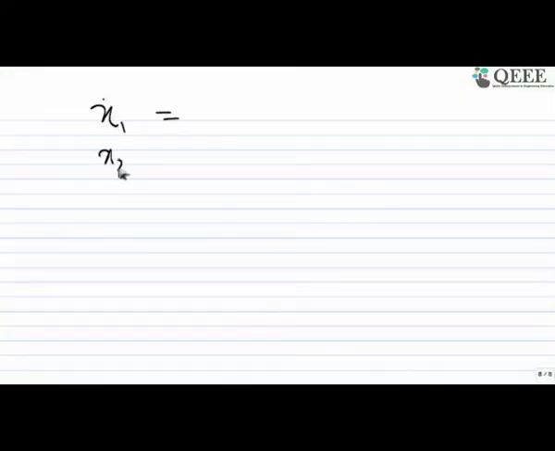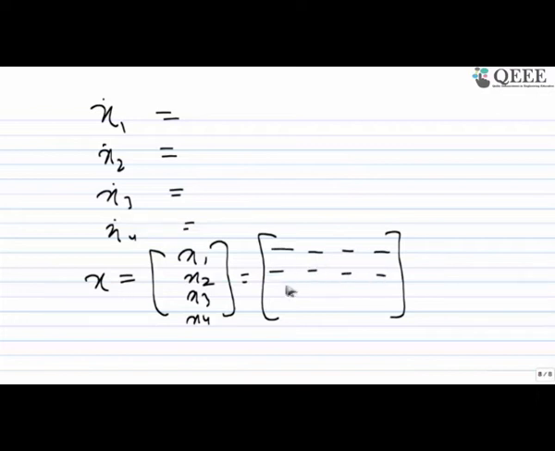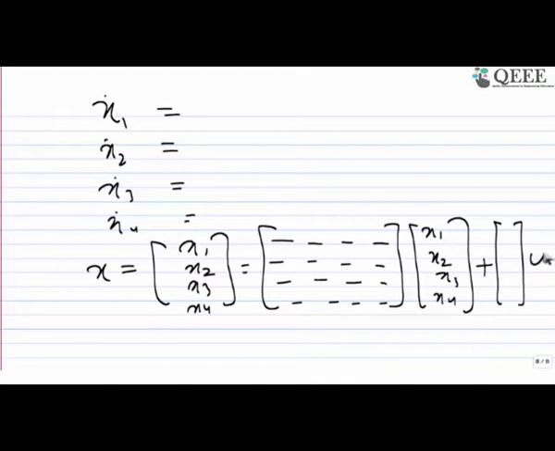If you write all these 4 differential equations, x1 dot, x2 dot, x3 dot, x4 dot, then you could write them as A times x1, x2, x3, x4, where A would be a matrix of 4 by 4. I have only one input variable u, so B would be a single column matrix with 4 elements.